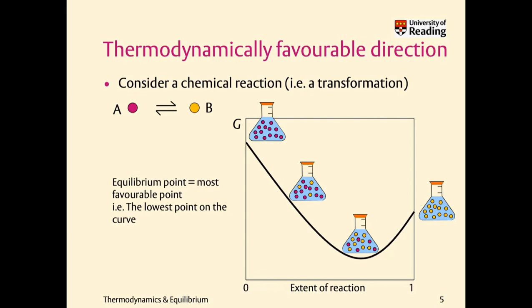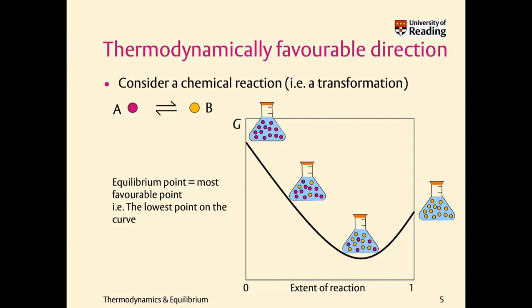We're going to be using this graph quite a bit in the next few slides. In this graph we have Gibbs free energy, so the total amount of energy in the system, against the extent of the reaction, 0 being the point where we have 100% reactants, and 1 being where the proportion of products is 100%.